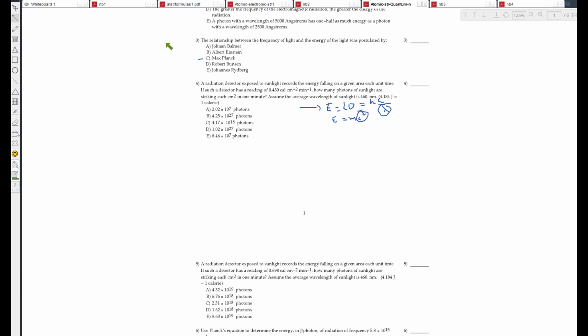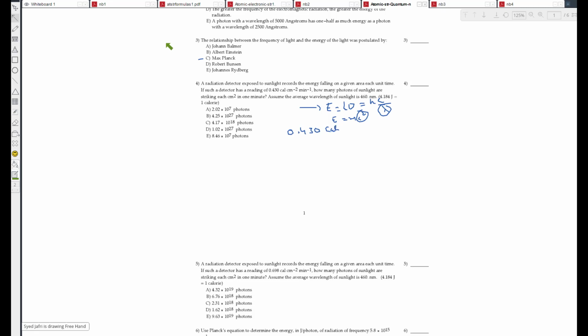We need to convert this to photons. Can you convert the 0.430 calories into joules first? We multiply by the conversion factor.